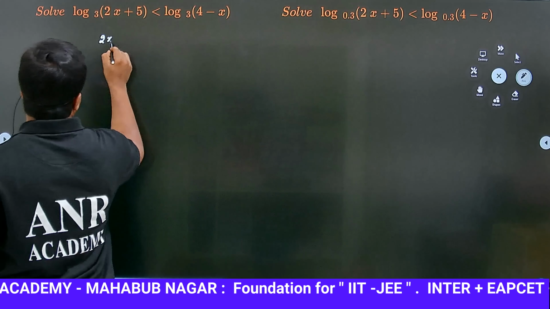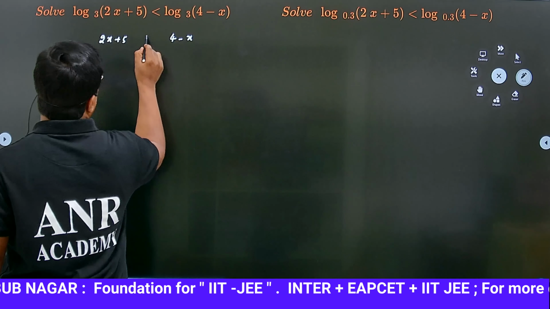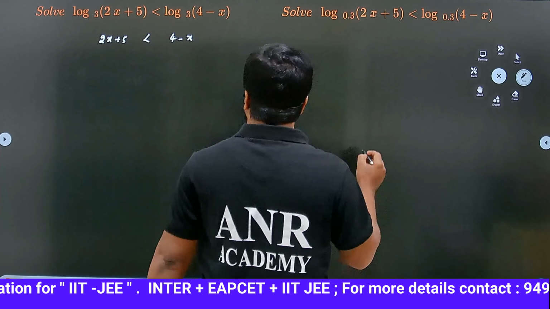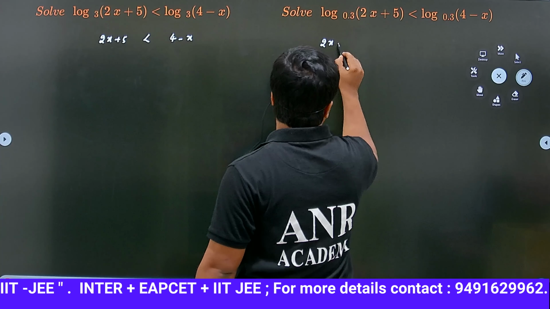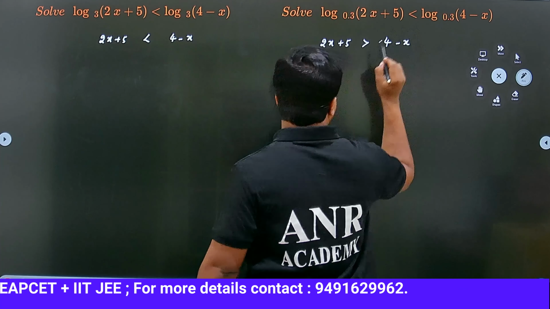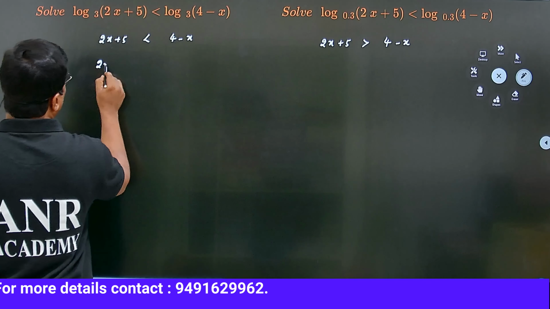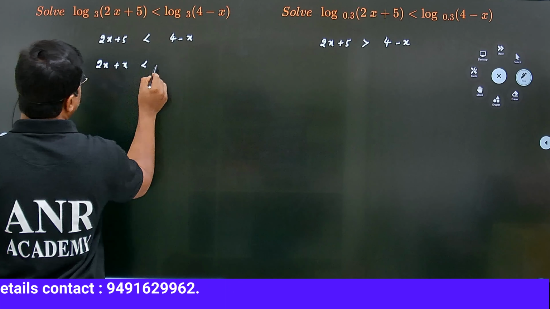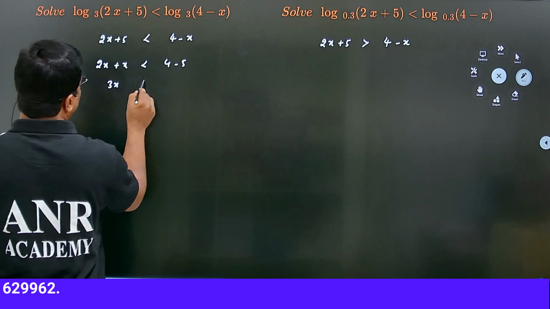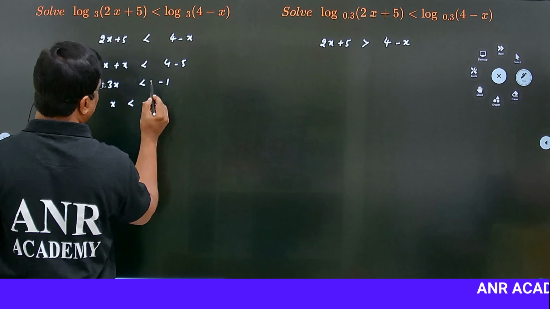The relation between inputs 2x plus 5 and 4 minus x, you will get with the same notation less than. But here due to the decreasing function, the condition is 2x plus 5 more than 4 minus x, remember. Now I am going to solve this. 2x plus x less than 4 minus 5, nothing but 3x less than minus 1, so x is less than minus 1 by 3.